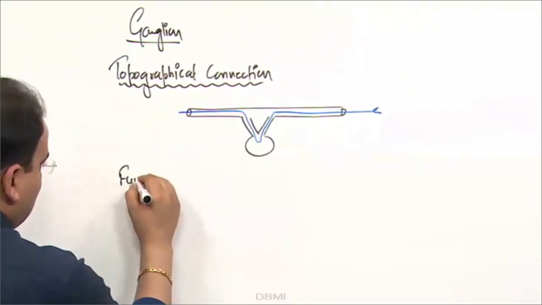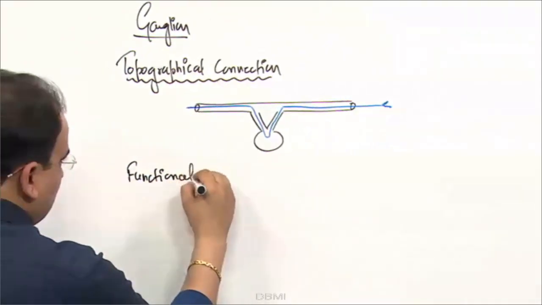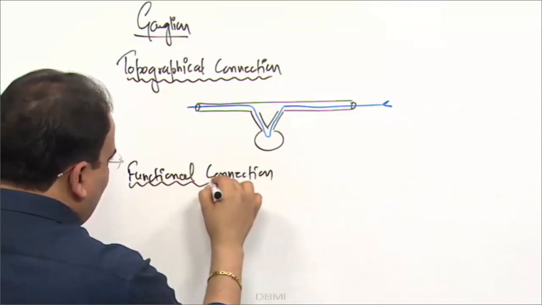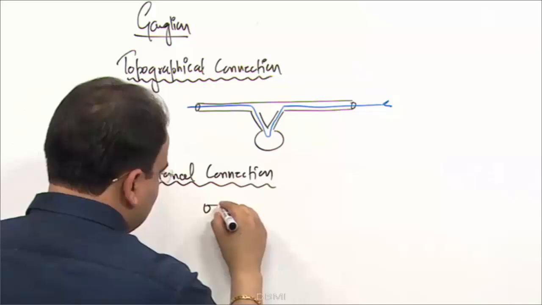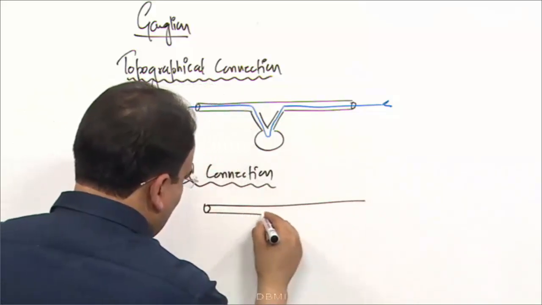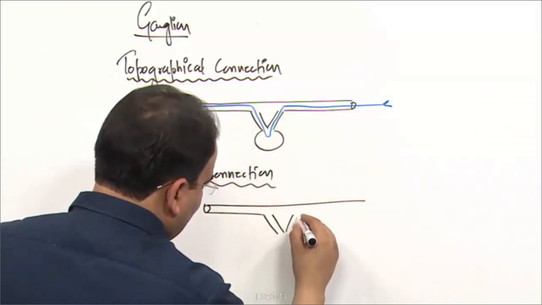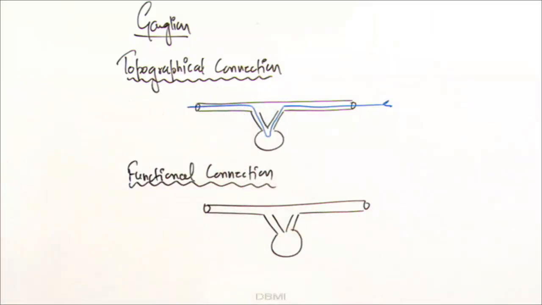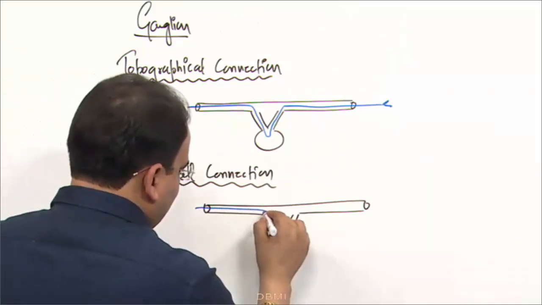Now what is a functional connection? Let's say this is a topographic nerve. We already know what a topographic nerve is. There we go, this is a topographic nerve which is already there.